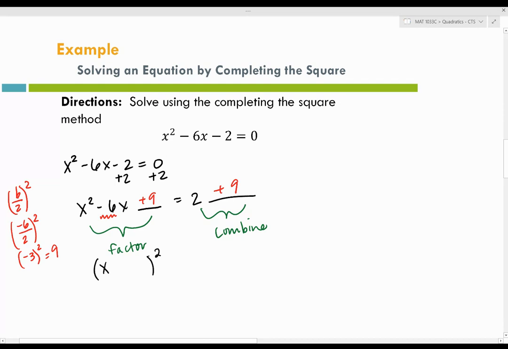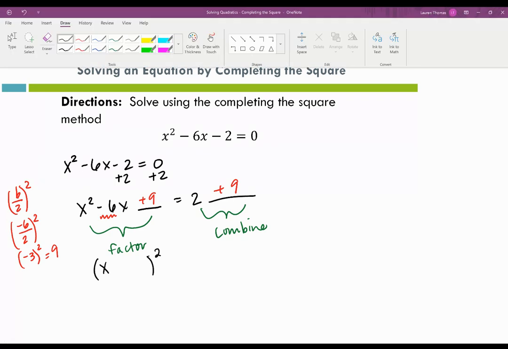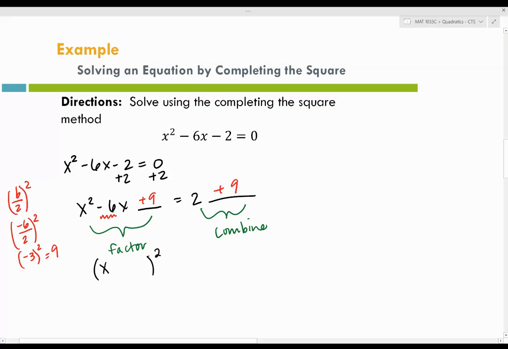And whatever b divided by 2 was before we squared it is going to go on the right-hand side. So b divided by 2 for us was negative 3. Then we're going to combine the right-hand side. So 2 plus 9, that's 11. So we have (x − 3)² = 11.